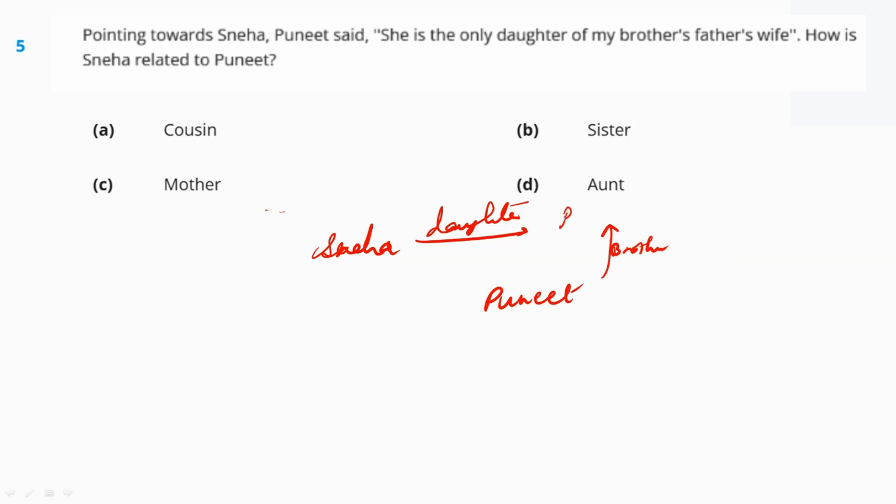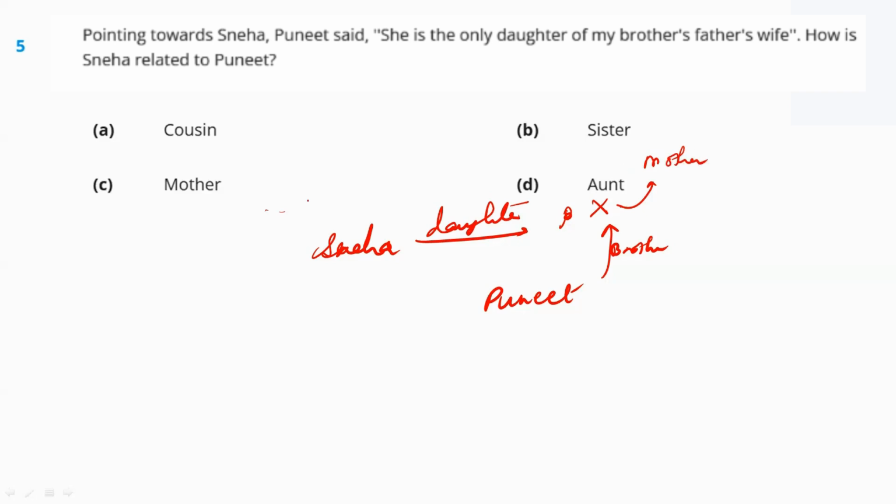Let's say X is the person who is Puneet's brother. Sneha is the daughter of my brother's father's wife. So who is the brother's father's wife? It is the mother of X.